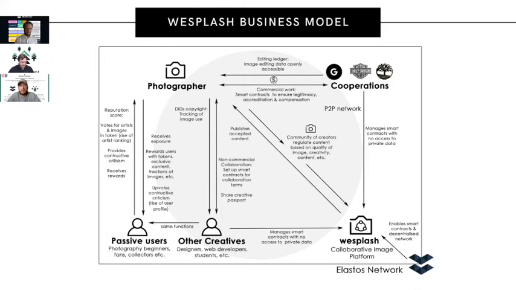And that can be done by usage, so other creatives could use it, or other creatives could vote for them. So those are the active users, people that actively would download photos, would purchase photos, and use them in their creative work. But you can also have fans that would just like to know more about a particular piece of work, and they all should be able to somehow add to the community.